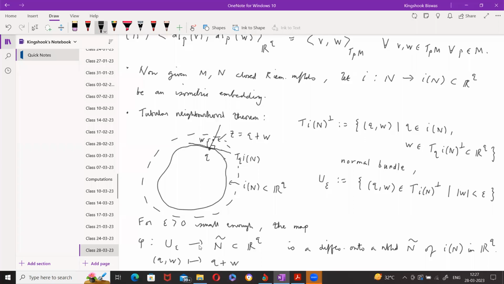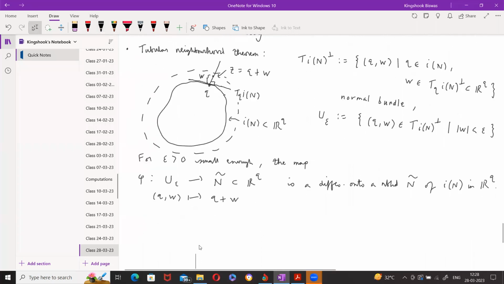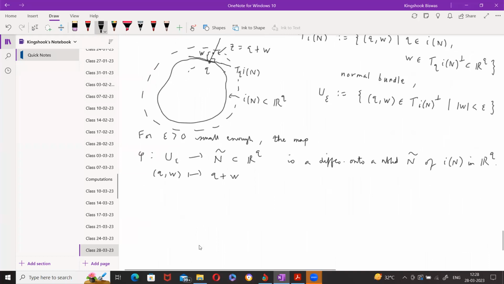Is the picture clear? Yeah. So this neighborhood will be a two-sided neighborhood like this. So this is your tubular neighborhood, this inside and this outside. This is your neighborhood N tilde. Is this clear? Yes, sir. Okay.